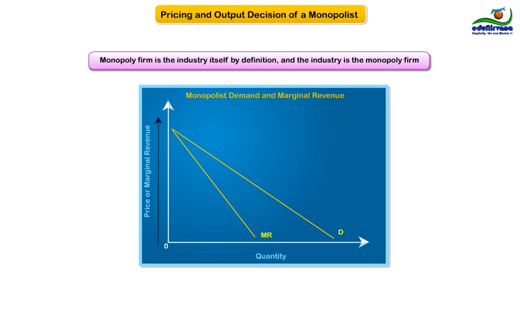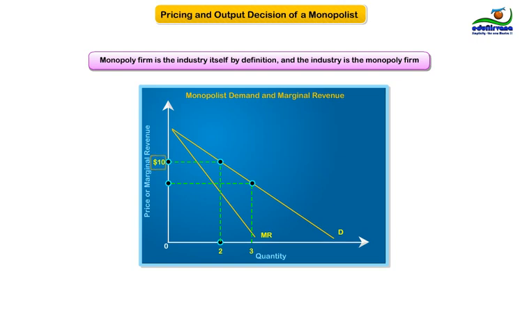Unlike the perfectly competitive firm, the monopolist can raise its price and still sell its product, though not as much. Because it faces a downward sloping demand curve, to sell an additional unit of its product, the monopolist must necessarily lower the price. For example, the monopoly seller originally planned to sell 2 units of X a day at $10 each, and now wishes to sell 3 units a day.